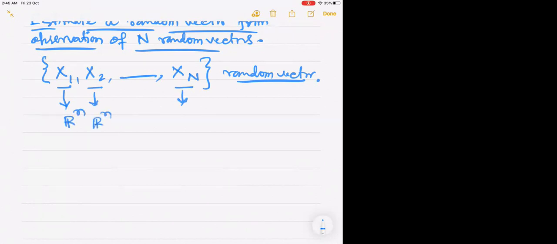For all you know, they can be random variables also, it doesn't really matter. Let's say I can have an observation on these. There is some measuring device which can measure the outcome of these random variables.